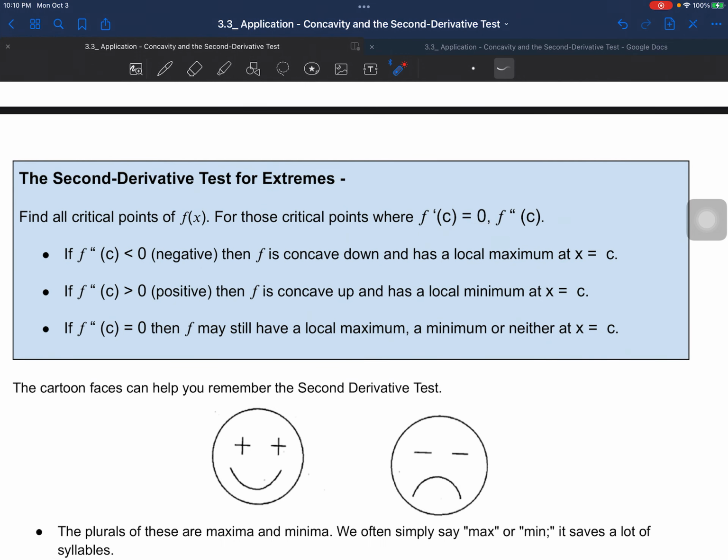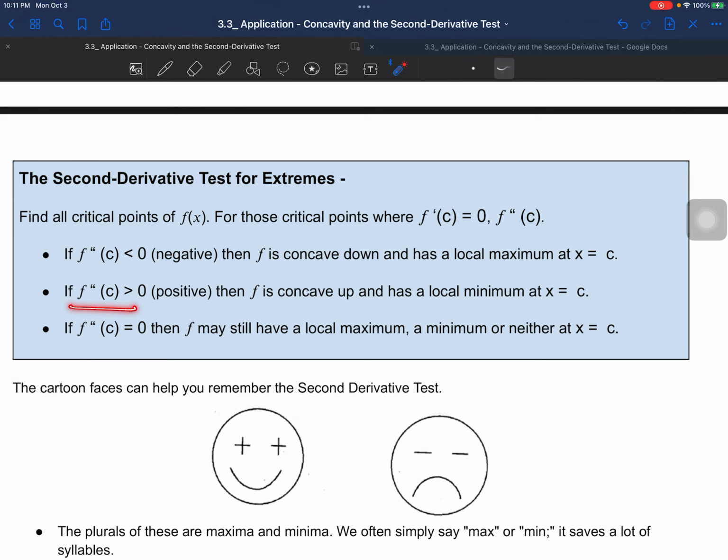So in conclusion, if you have a critical number c, and you plug it into the second derivative and that gives you a negative number, then f is concave down, and therefore you have a local max.